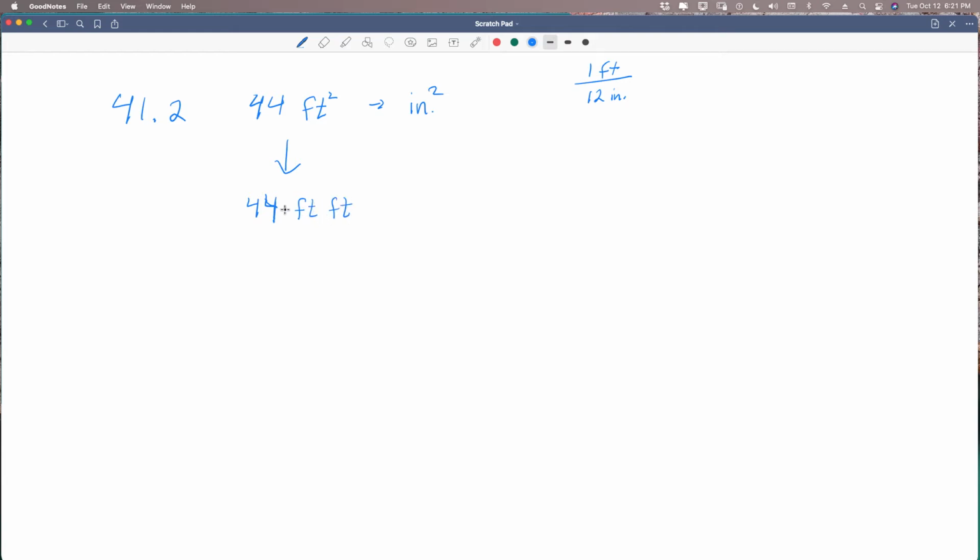Because if we multiply them as factors, then we can see that if this had an exponent of 1 and an exponent of 1 here, that's what this would look like, right? We treat it just like a variable. And we factor it out, and then we put that over 1 and turn it into a fraction. Now we are going to convert that into inches by using our reference point.